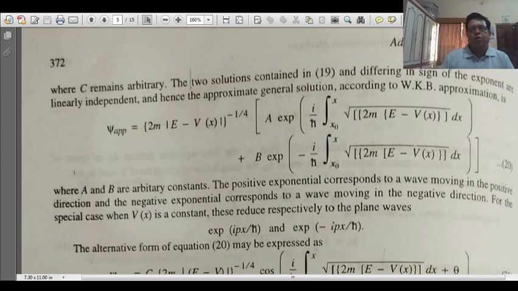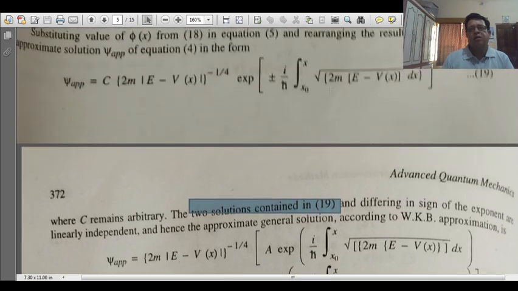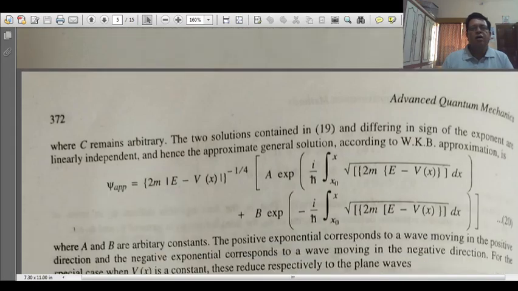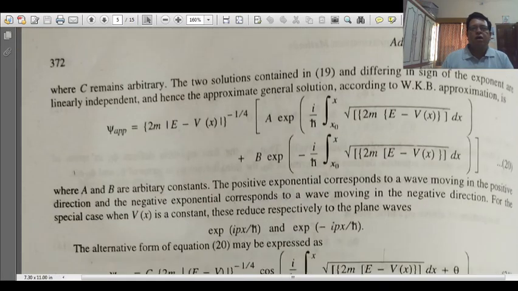In this equation, two solutions are contained because there is a plus minus sign here. Normally, as in superposition, suppose for the first term we take plus multiplied by constant A and for the second term minus multiplied by constant B, and we have both solutions.